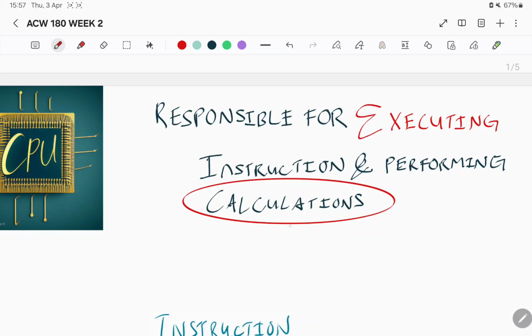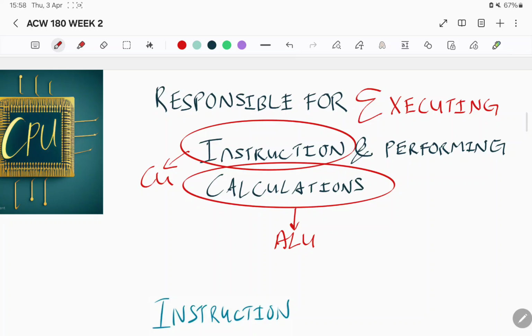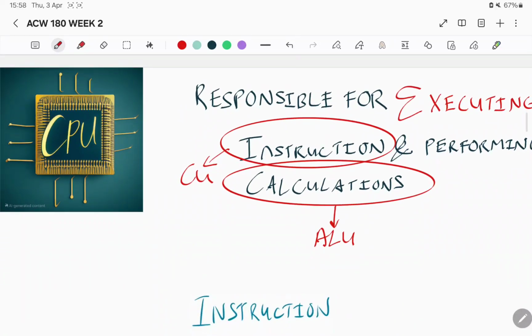Later you can see inside the CPU there are different parts. It uses the ALU to calculate the instructions. Then there's another part, the CU. So basically these are the components inside the CPU.